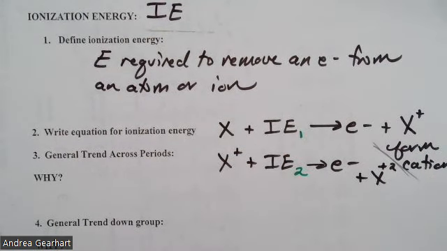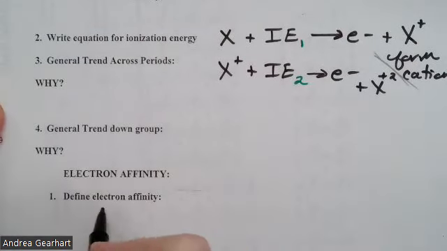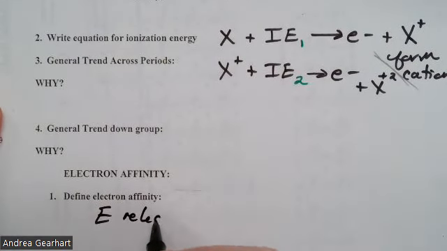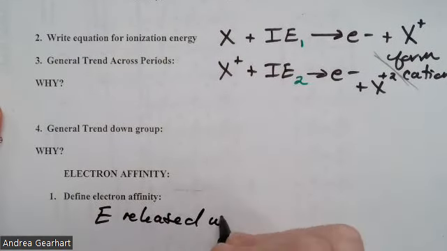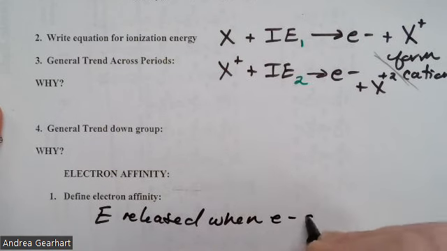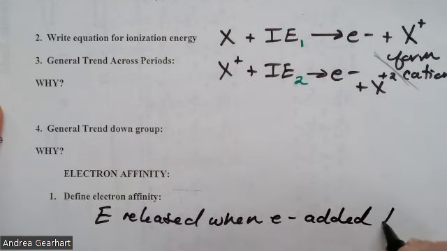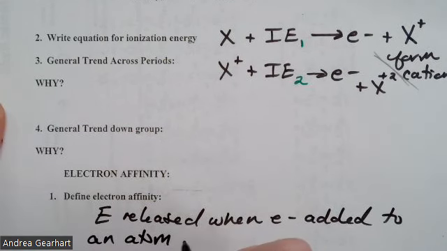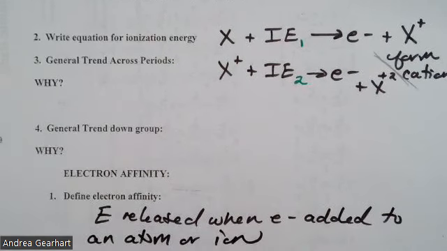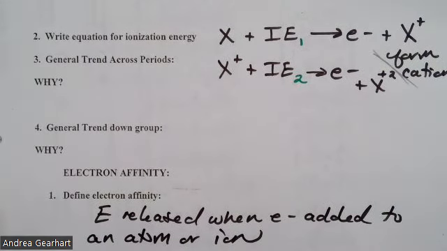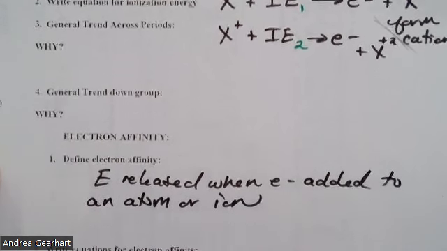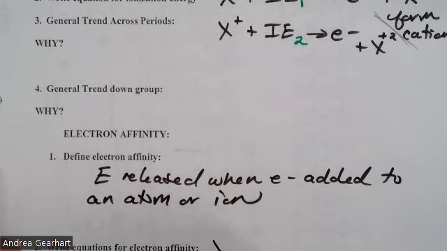Okay, electron affinity. Energy released when electron added to an atom or ion. So we're adding an electron, not energy.